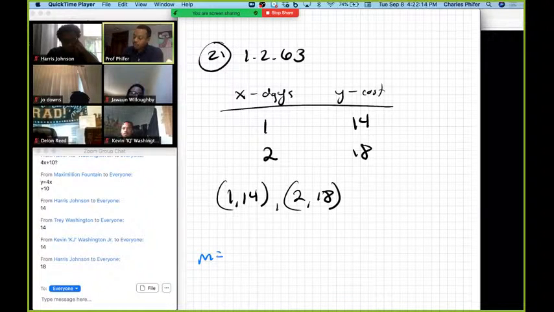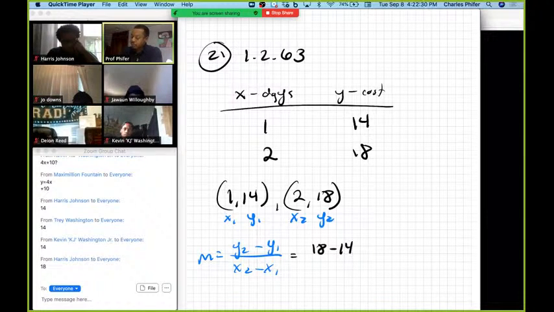Y2 minus Y1 over X2 minus X1, X1 Y1, X2 Y2. Okay, that's going to be 18 minus 14 over 2 minus 1. What is that? 4, right? Okay, it's kind of looking similar to what I saw some people type. So we got our slope.